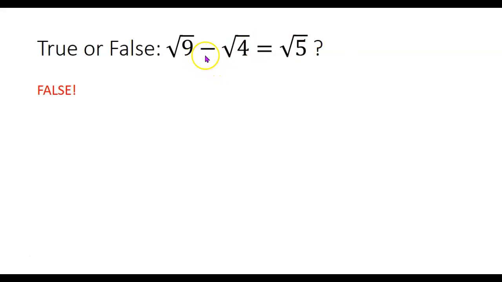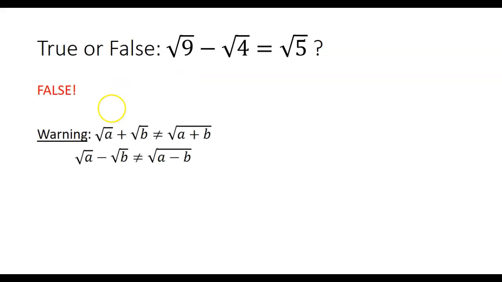So when it comes to subtraction, the order matters. If we take square roots first and then subtract, we get a different result from what we get if we subtract first and then take the square root. So unlike with multiplication and division, with addition and subtraction, the order matters.